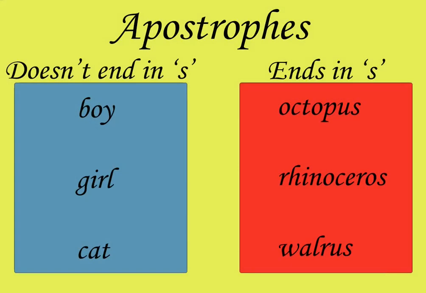For singular nouns, so when we're talking about one person or one thing owning something, the rule for using the apostrophe depends on what the final letter of the word is.